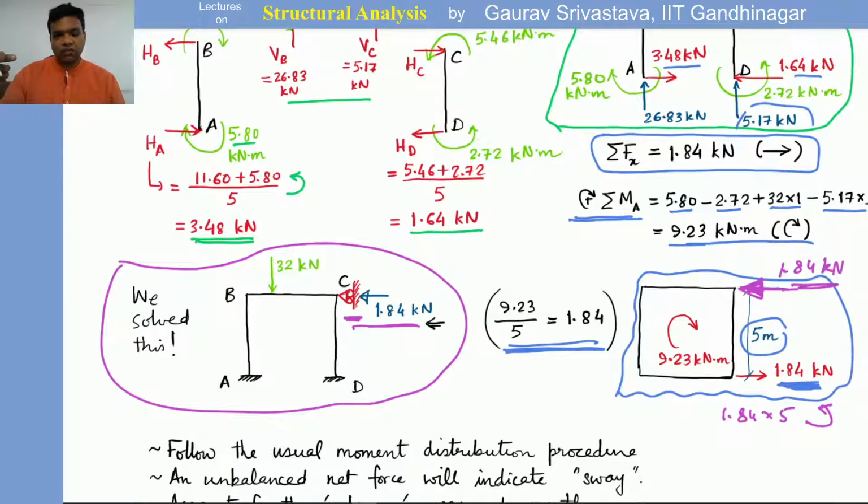Now we can balance it by applying an equal and opposite force to the right. So there is a reaction force acting to the left, which means we apply an equal and opposite force at point C, thereby allowing that sway movement of the beam BC with respect to AD. So that is the additional thing which is now required.